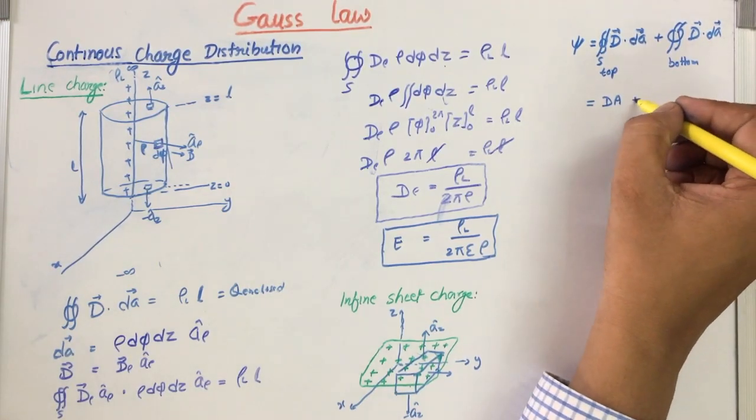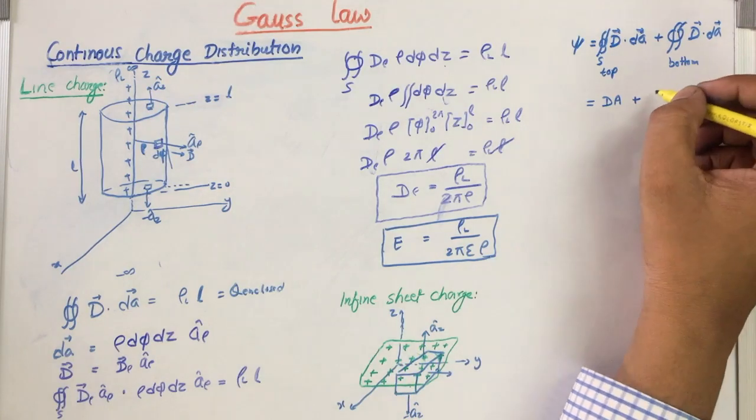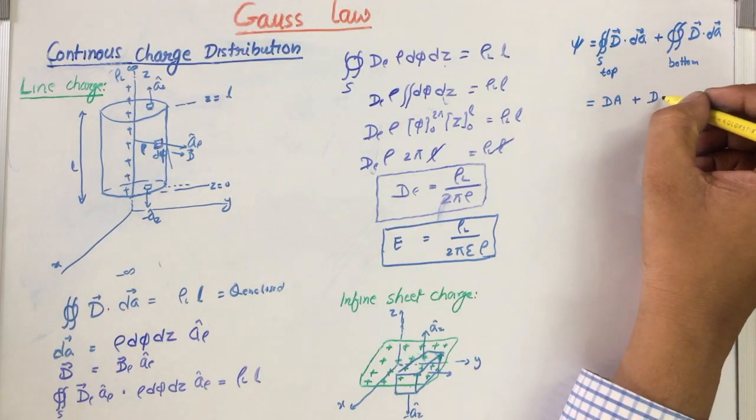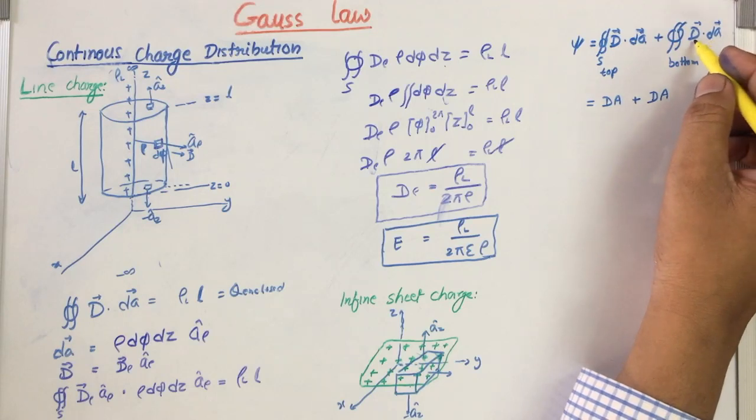Similarly for the bottom surface, once we have considered the area vector in this direction as positive, then the area vector in the downward direction will be negative. And the direction of the field, which we have considered positive upwards, will be negative towards the downward. So in that case, the bottom one will also be D dot dA, because both are in the same direction.